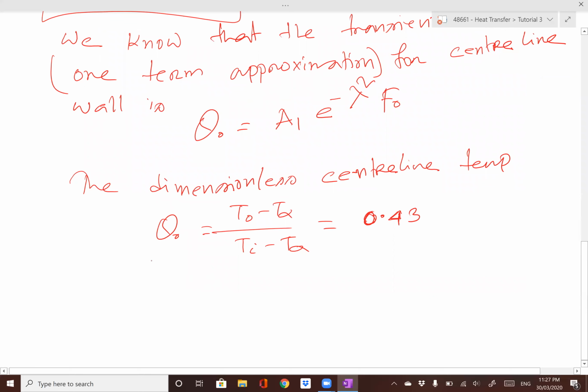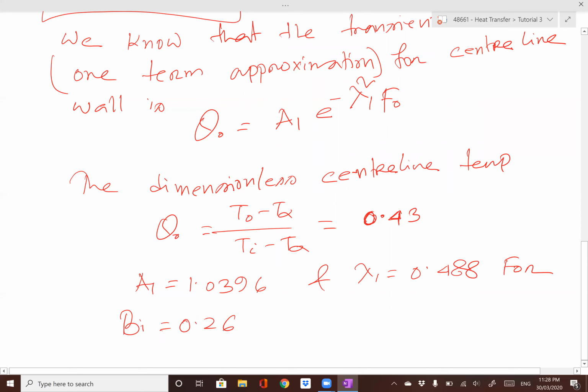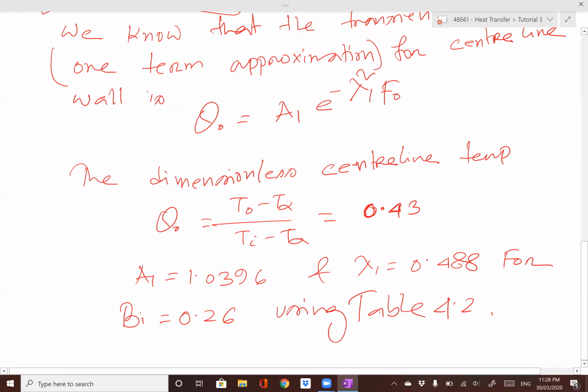A1 we got 1.0396 and lambda 1 we got 0.488 for Biot number 0.26 using table 4.2.